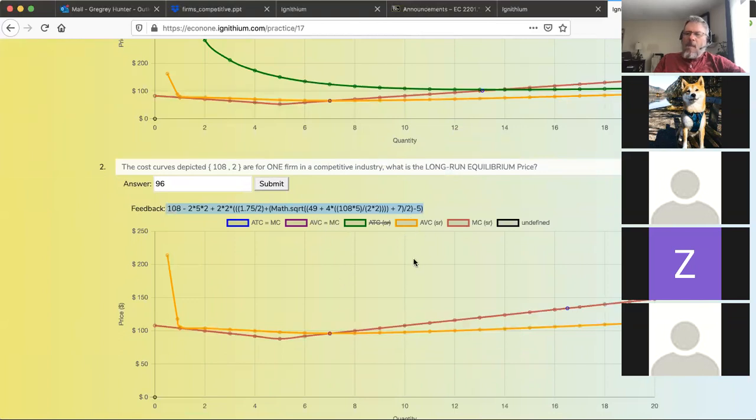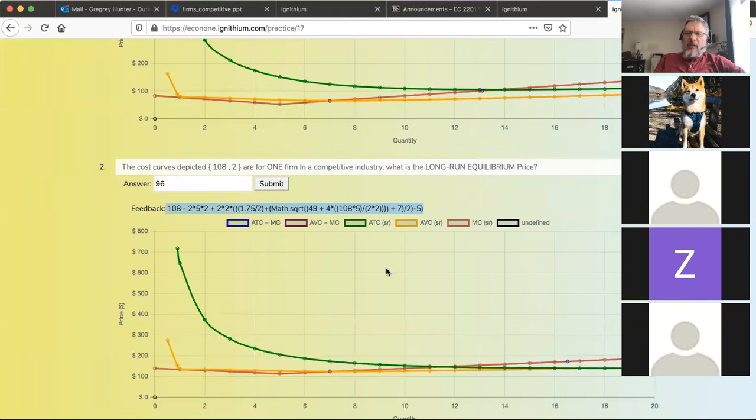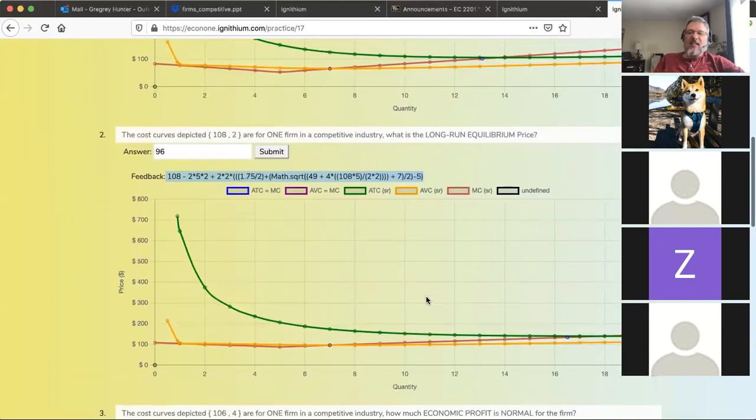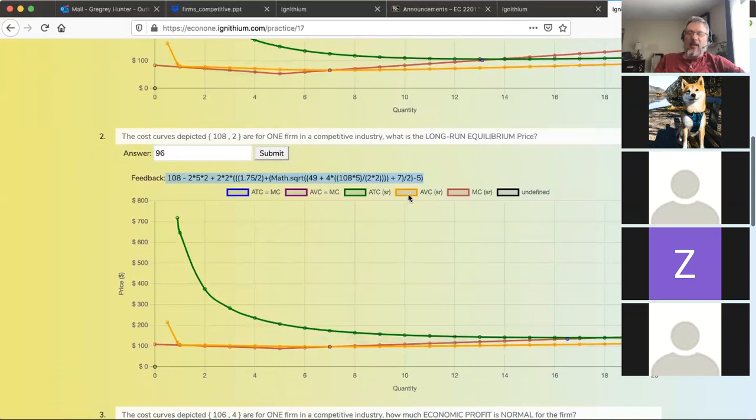So maybe they meant, yeah, okay, so I guess in this case they want us to assume that the variable cost goes away and this becomes our long run. So yeah, that's the square root function.